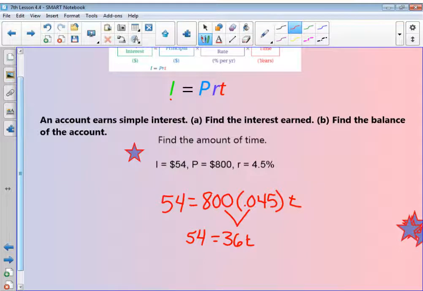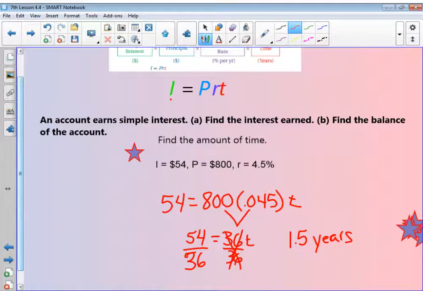Okay, so we're going to go ahead and divide by 36, sorry. Because I want to get T by itself, so divide on this side by 36. 54 divided by 36 gives me 1.5. So that means 1.5 years.